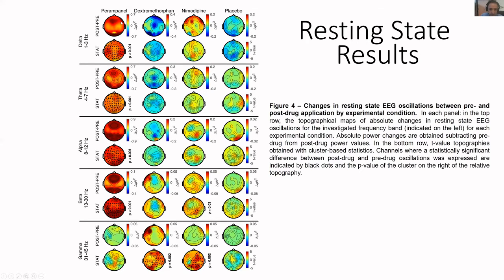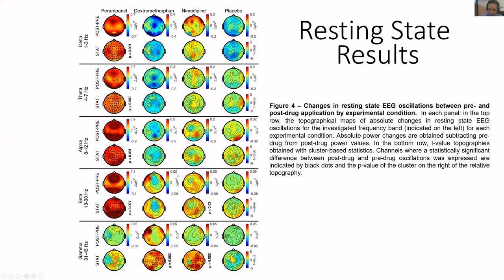So the power for perampanel was extremely increased, to the level that the cluster statistics became rather uninformative, especially because the increase in oscillation power was pretty strong and generalized, both in the topographies and in the frequency bands.